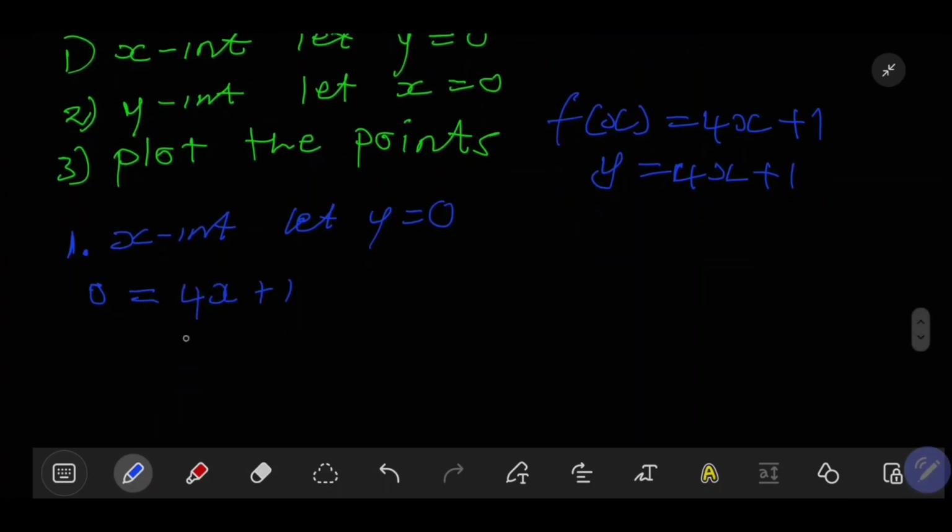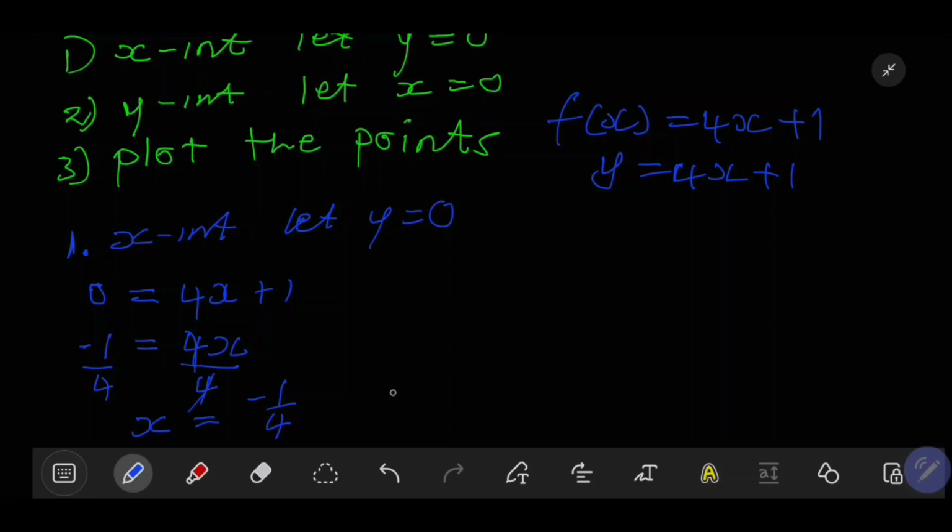Then we solve for x. We take the 1 to the other side, it becomes negative 1, which equals 4x. To make x the subject of the formula, we divide both sides by 4, and now our x value becomes negative 1 over 4.